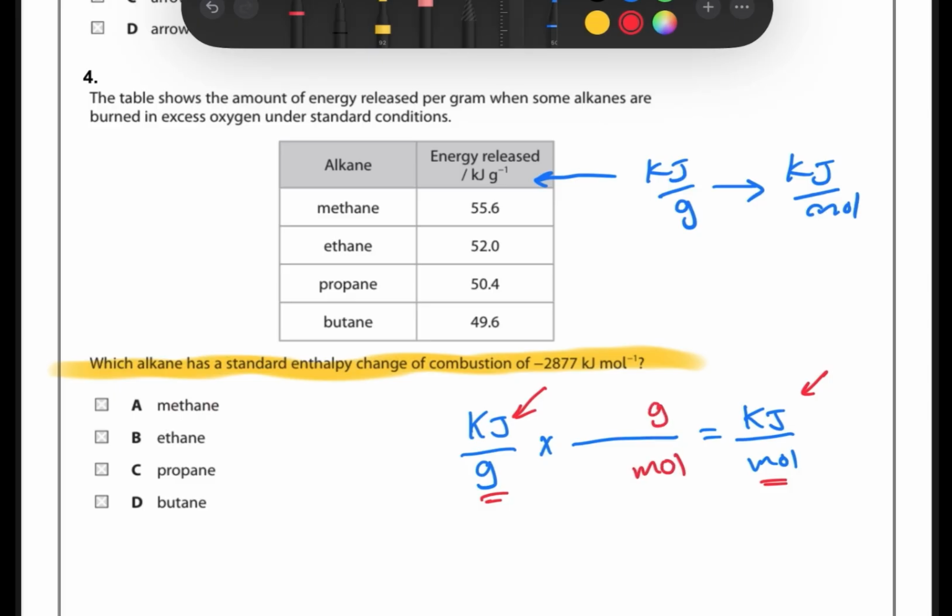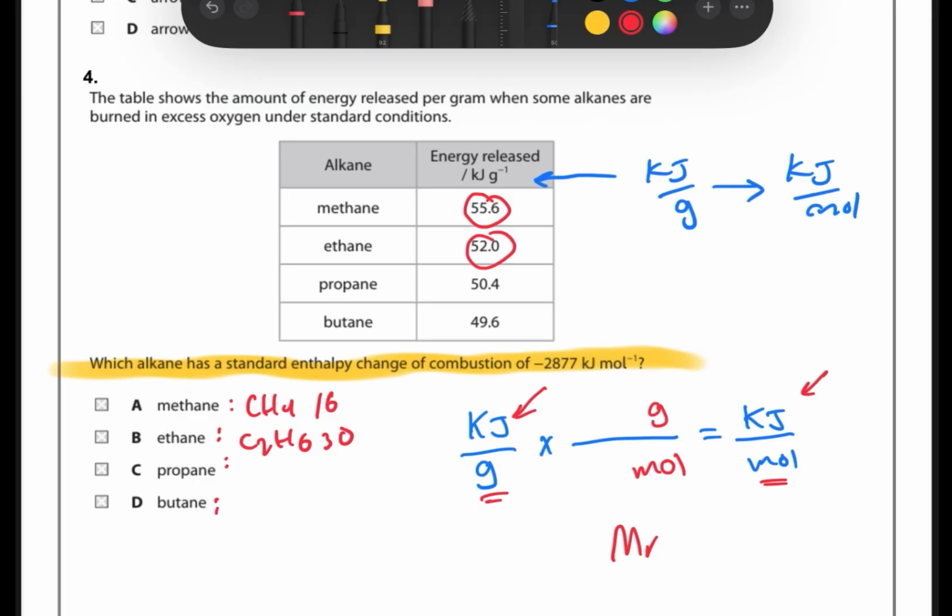It's obvious that gram per mole represents the molar mass. So multiplying this magnitude by the molar mass, we end up with a unit of kilojoules per mole. So our target is to calculate the molar mass for each one in here. This is CH4, it has a molar mass of 16. This is C2H6, it has a molar mass of 30.